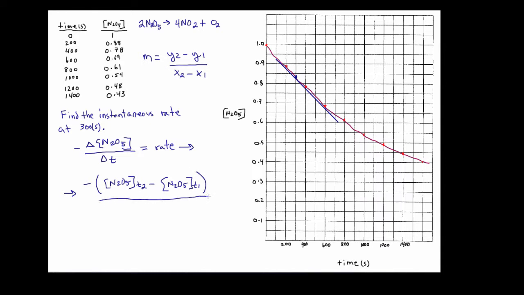Okay, and then this is going to be divided by T2 minus T1. So what I want to do in this video is show how we find an instantaneous rate, and that's going to be basically this expression at a single point that we're interested in.